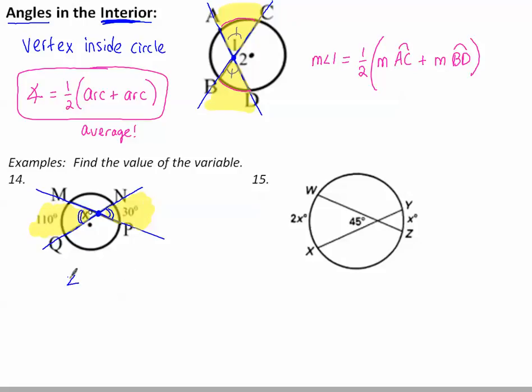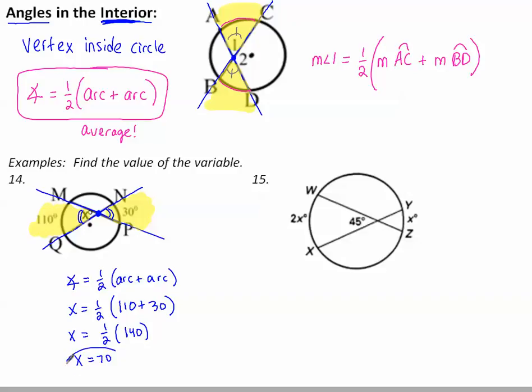Angles in the interior, angle equals half of arc plus arc. The angle says x, so x equals half, and the two arcs say 110 and 30 degrees. This time I don't have to move the 1/2 because my x is already by itself. So I'm going to add what's in the parentheses first, and then take half of that.